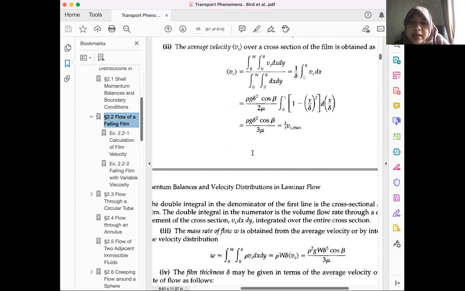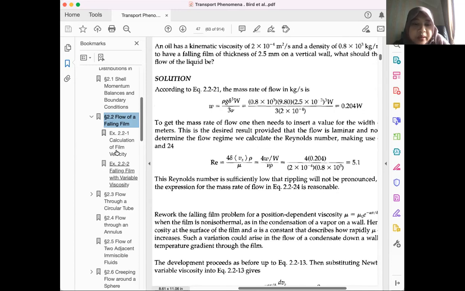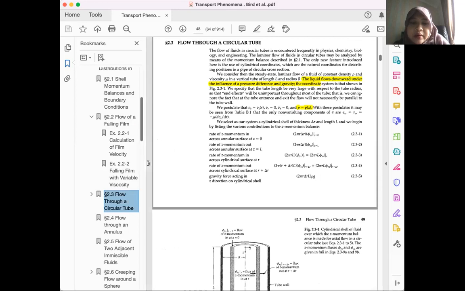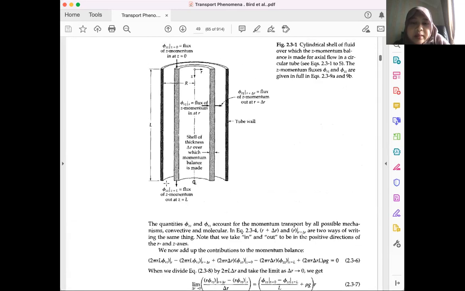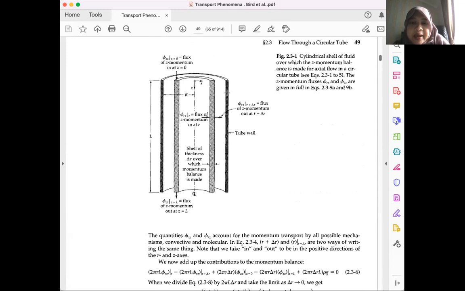But in this case, let's open the circular tube. This is a closed system because the pipe is fully filled with the fluids. And then this is the imaginary shell.